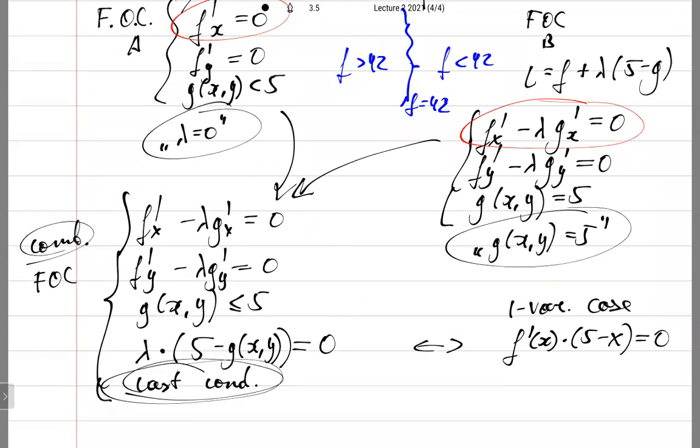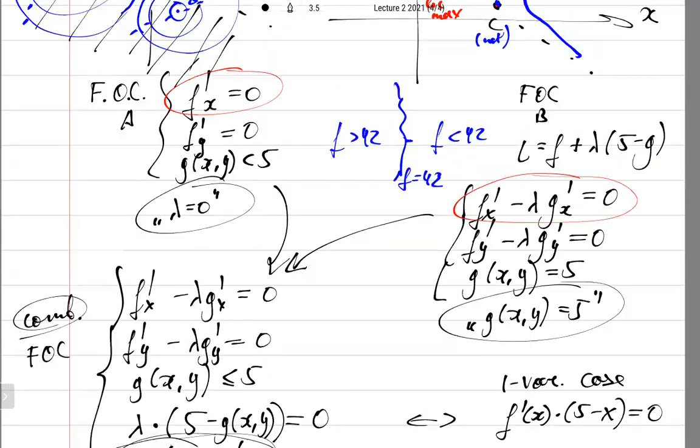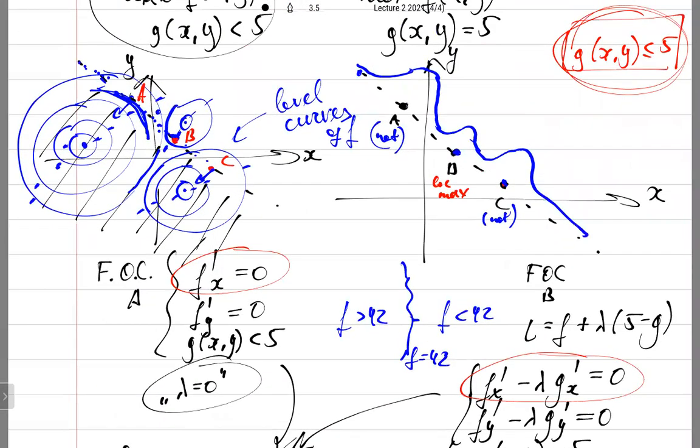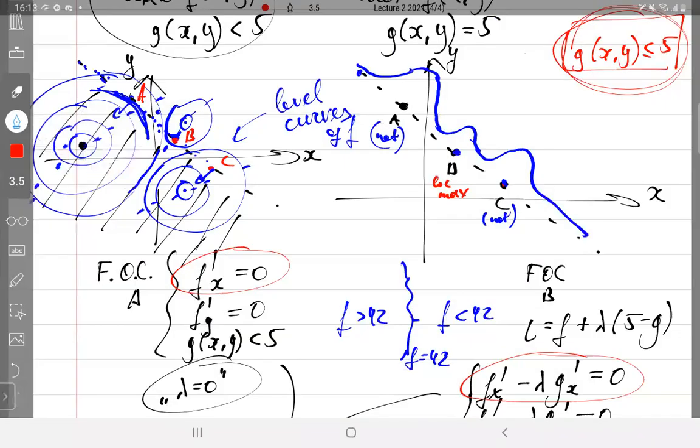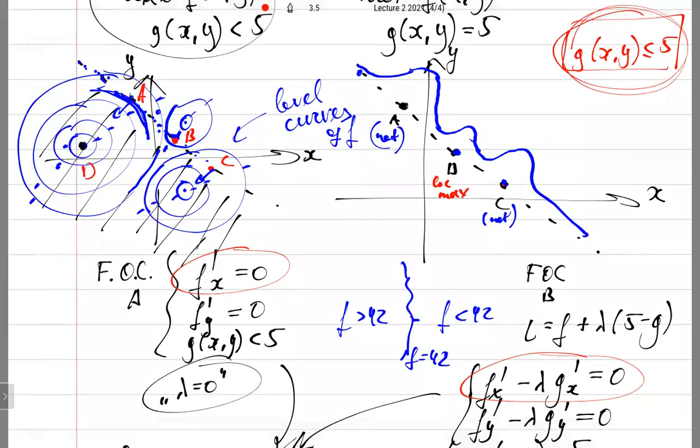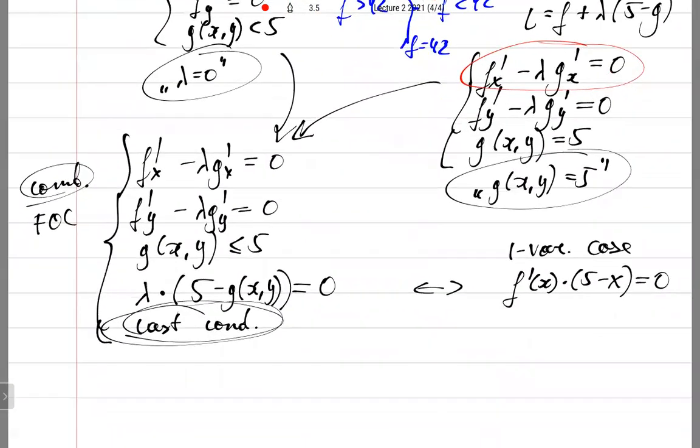That's almost okay. The problem is that, let's imagine some points like this: the points A, B, C, D, and E. Let's check whether our combined condition will trap all the points. Why will D be trapped in our condition? D will be trapped because lambda equal to 0 is allowed.